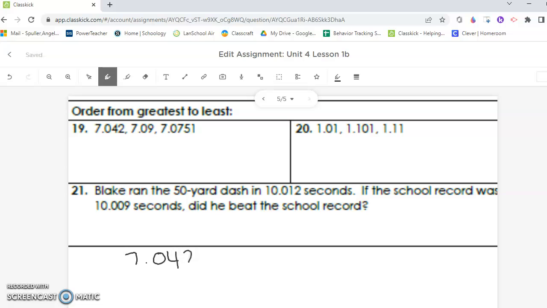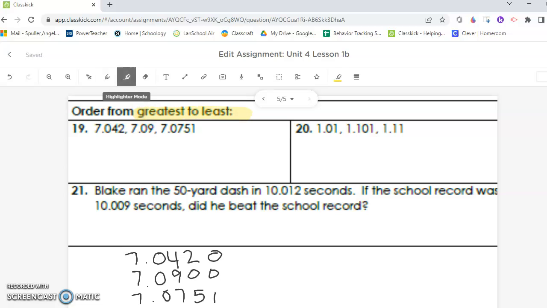You should have put these in order like this. Okay, now noticing it says greatest to least, so which one's the greatest? Well, so far they all have zeros in the tenths, but this one has a 9 in the hundredths, so that one's first.